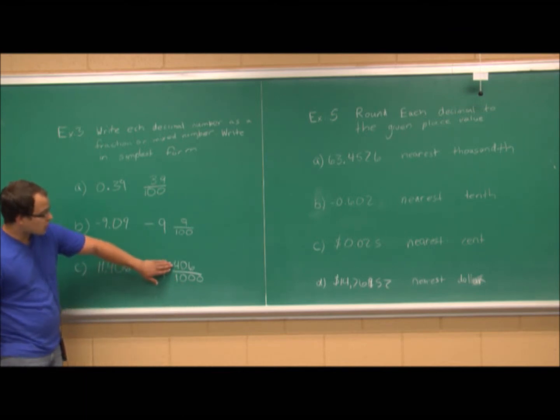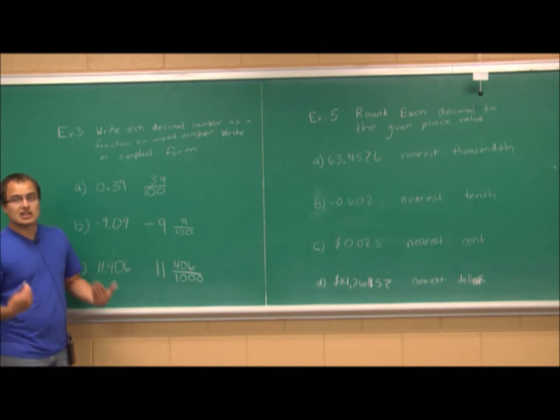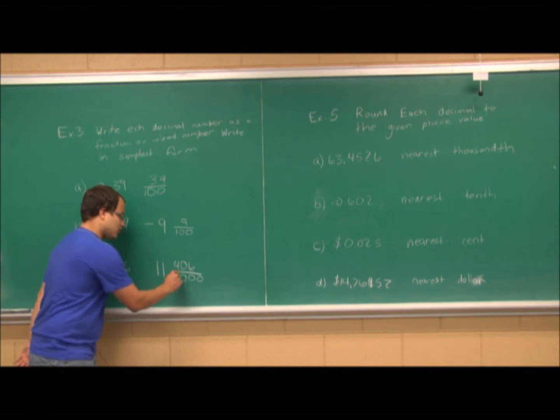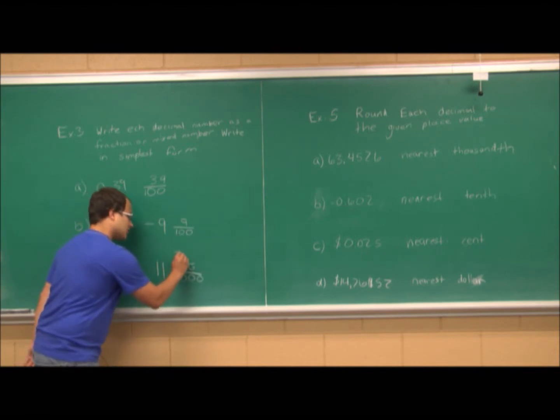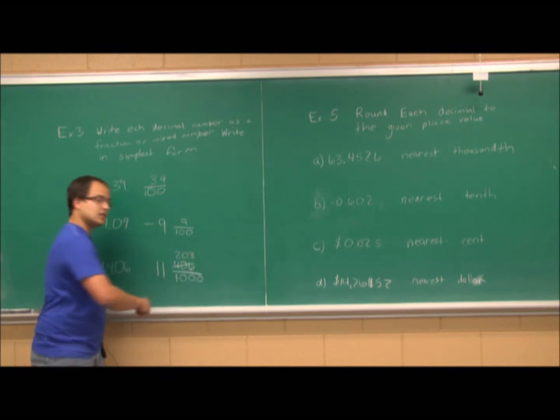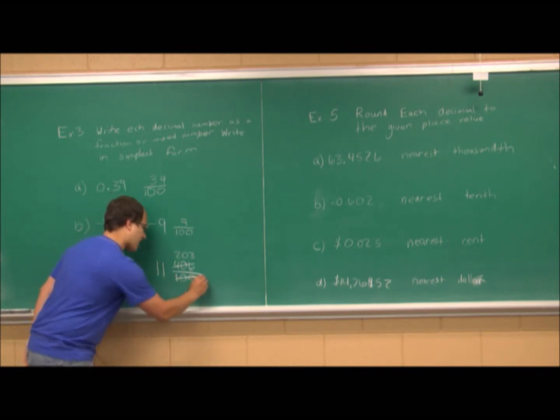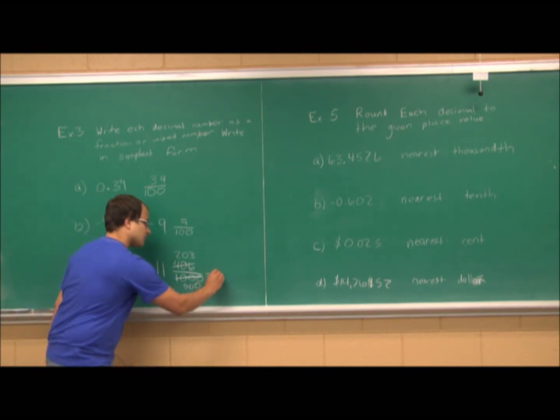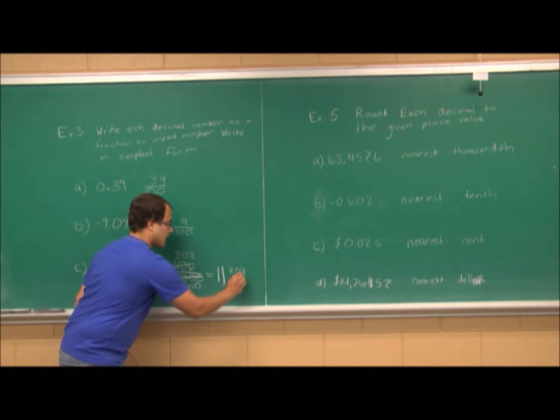Now I notice that 406 and 1,000 are both even, which means I can reduce them by 2. Well, 2 goes into 406, 203 times, and 2 goes into 1,000 500 times. Now it seems like it's as reduced as possible, so the final answer is 11 203 500ths.